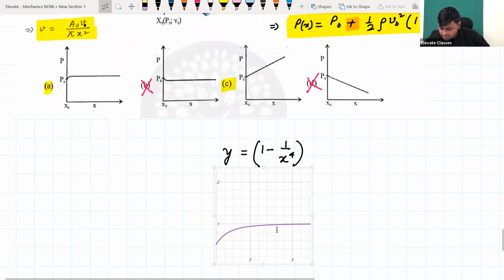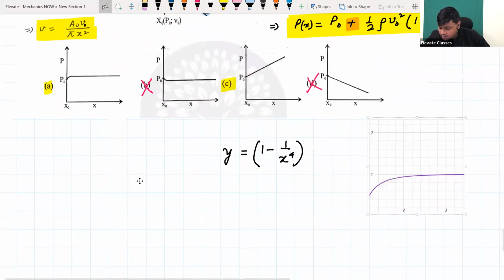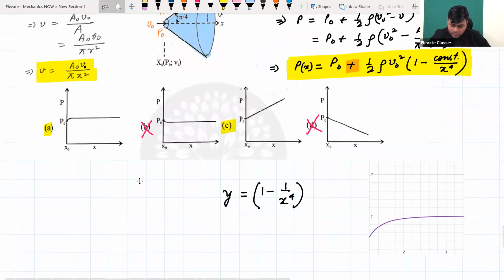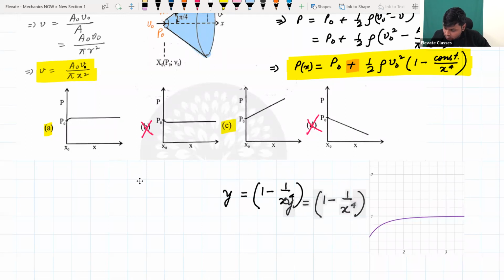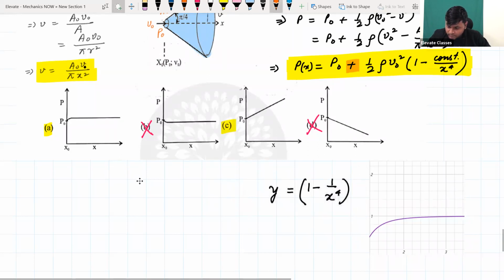So the correct option is option number A.